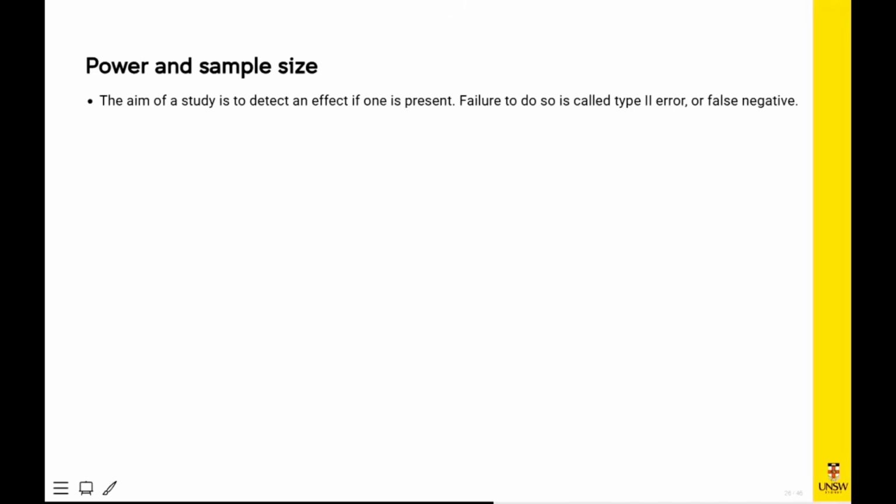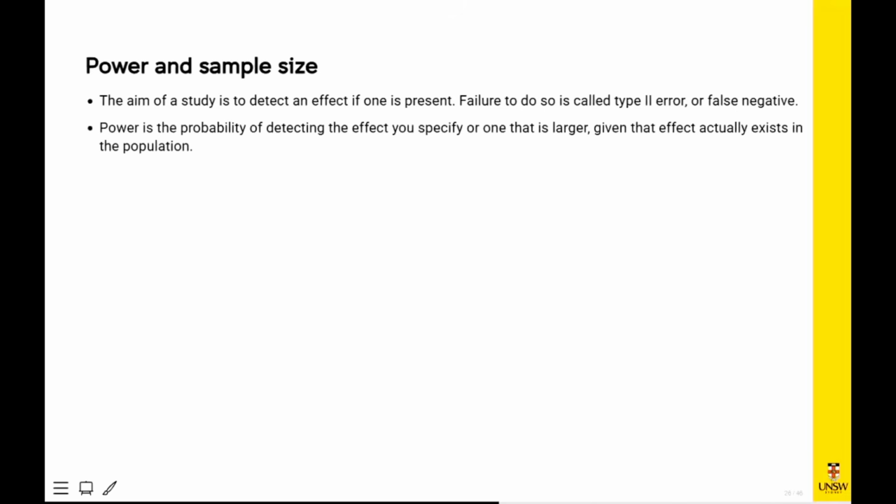And when you are planning your study, one of the things that you can do to minimize that probability is get a good sample size estimate, or a large enough sample size to detect it. And the sort of opposite of that type of error is what we call power.